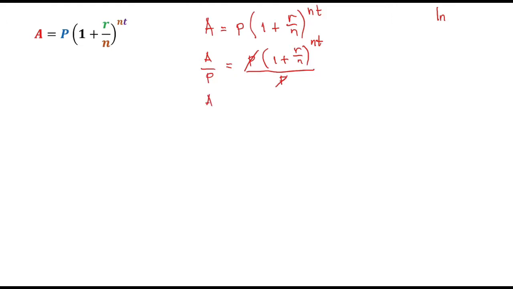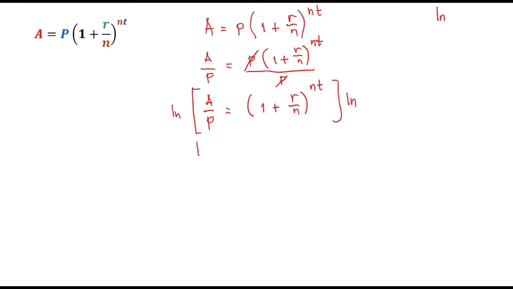We have A over P is equal to the quantity 1 plus R over N raised to the power NT. This time, we have to take the ln of both sides in order for us to bring down the power NT.